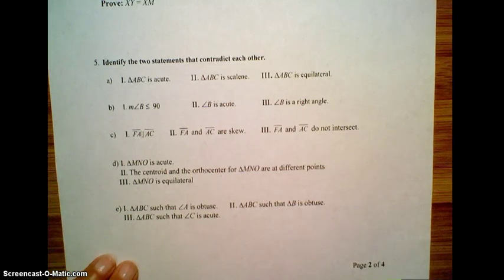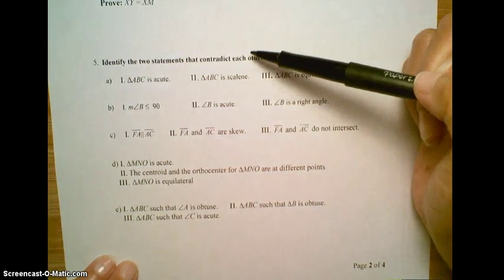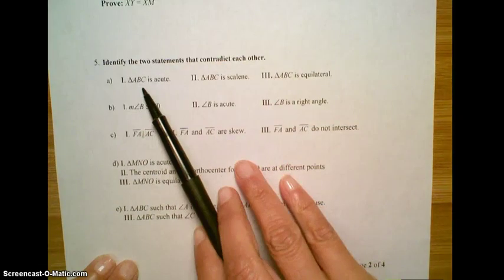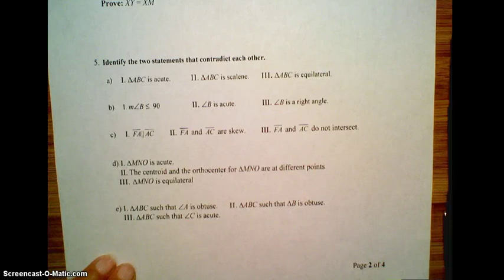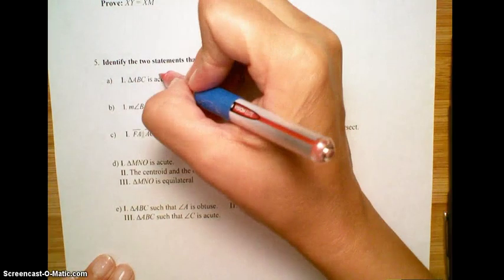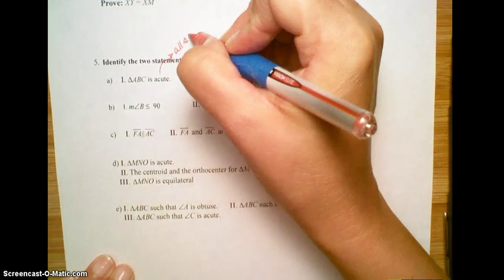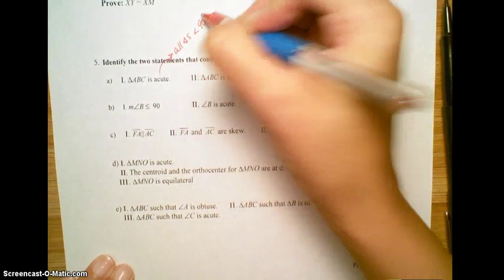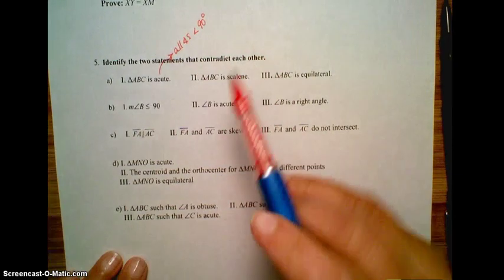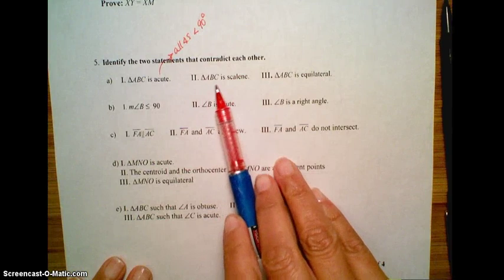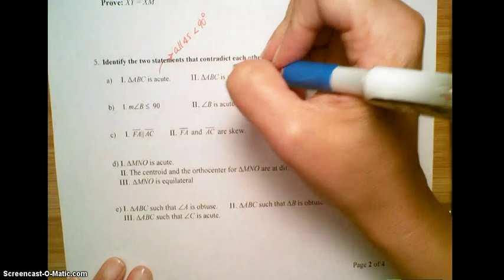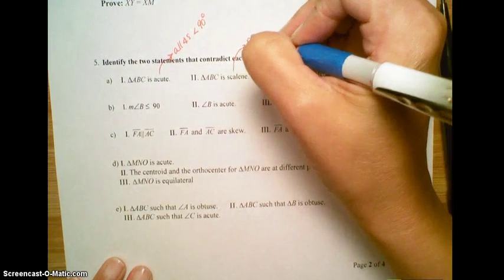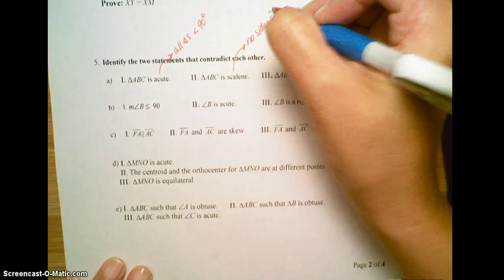So we're identifying the two statements that contradict each other. Okay, so if we look at A, we're being told triangle ABC is acute. And when you read that, you should think to yourself, okay, acute means all angles less than 90 degrees. Great. We're being told in the second statement, triangle ABC is scalene. So scalene means, of course, no sides congruent.